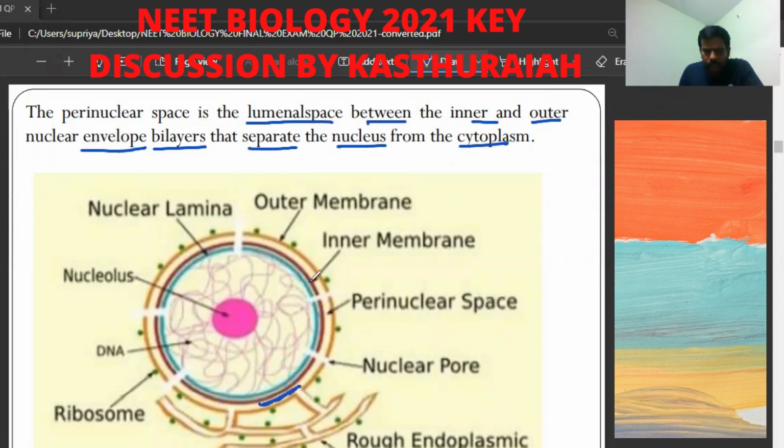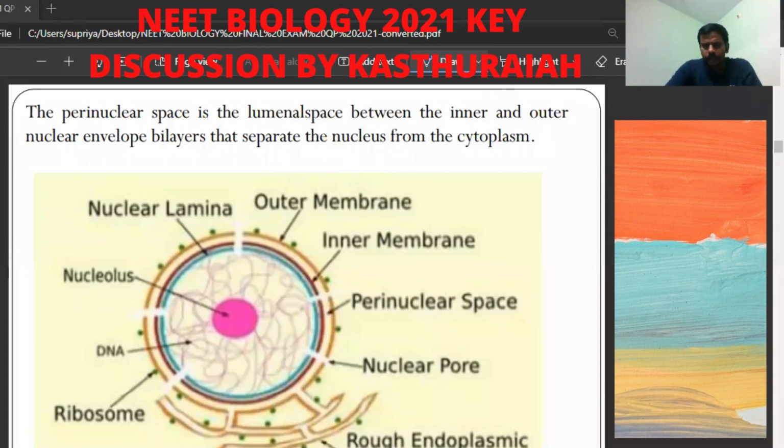This is the inner membrane and this is the outer membrane of the nucleus. The space present between these two membranes is called the perinuclear space, right? This space actually separates the materials between the cytoplasm and the nucleus, right? So we'll see another statement.